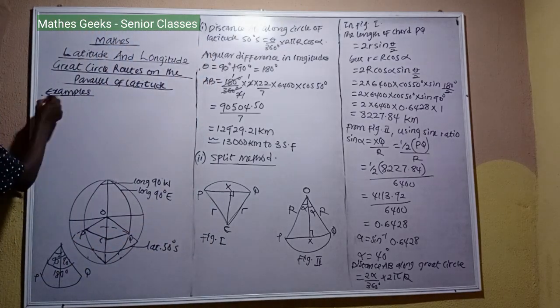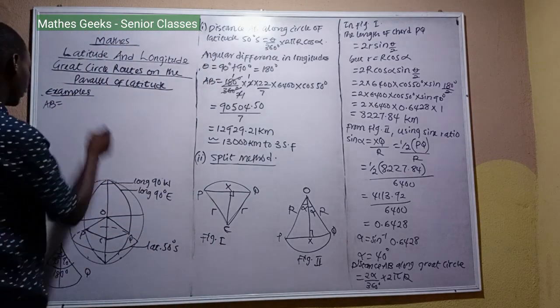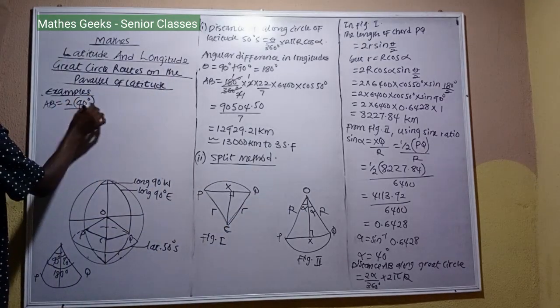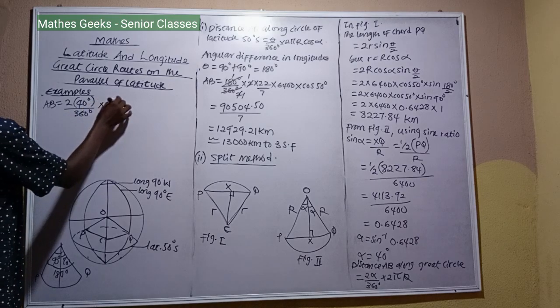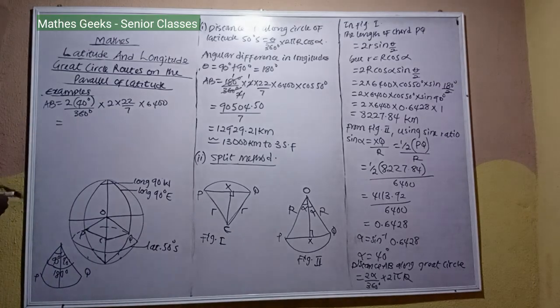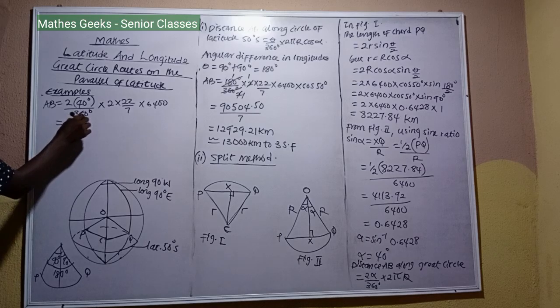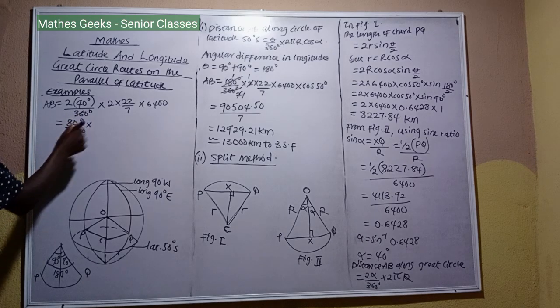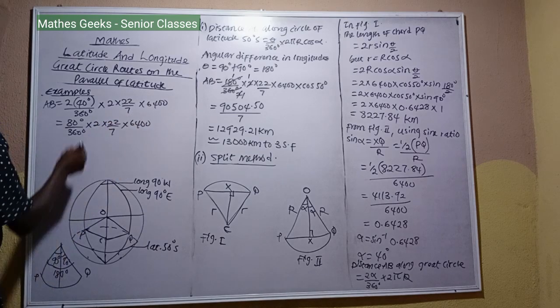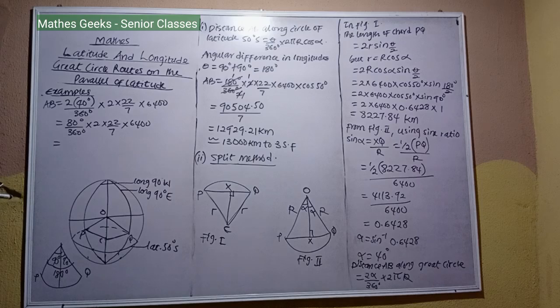So 2 times 40 degrees over 360 degrees times 2 times 22 over 7 times 6,400. 2 times 40 is 80. Then you have 80 degrees over 360 degrees times 2 times 22 over 7 times 6,400. So 80 times 2 times 22 times 6,400.